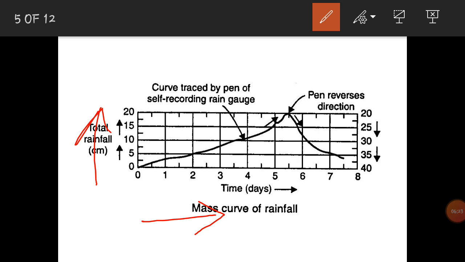There is also loss of water by evaporation, leakage in the measuring cylinder, and wind speed reduces the measured amount of rain in the rain gauge.